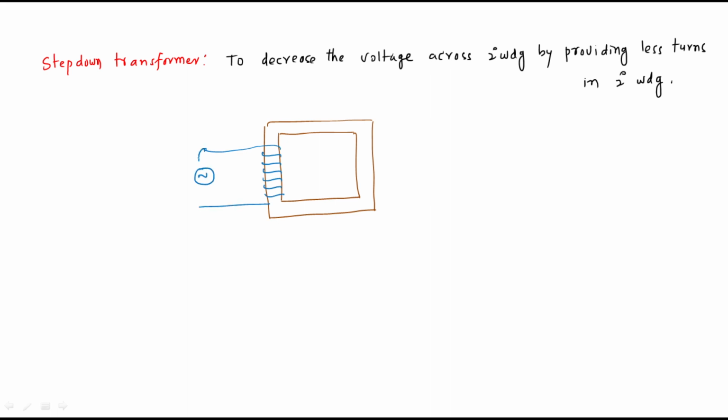We have supply voltage. Obviously this is primary winding. Right? So this is V1, I1, we have E1, we have E2, this is I2, this is V2.